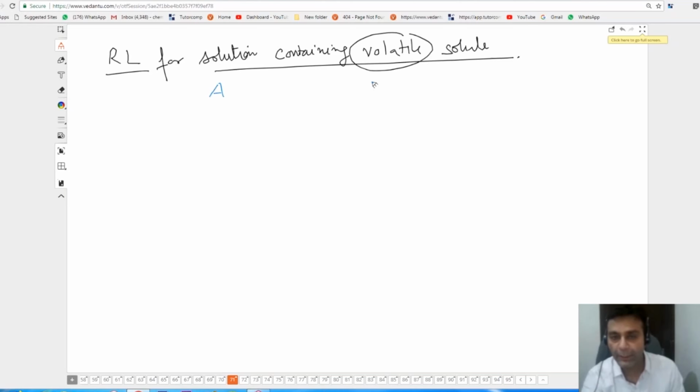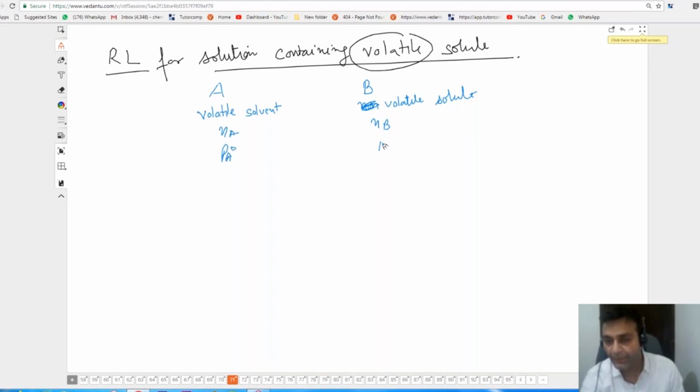So I say component A and component B. A is the volatile solvent. B is the volatile solute. Its number of moles are Na, its number of moles are Nb.